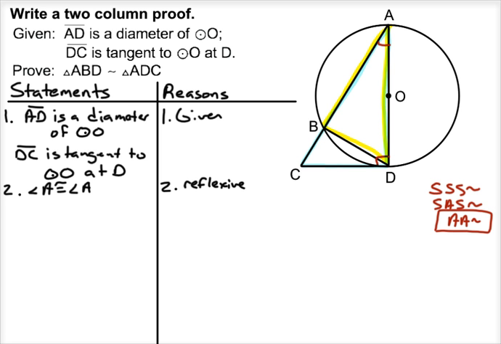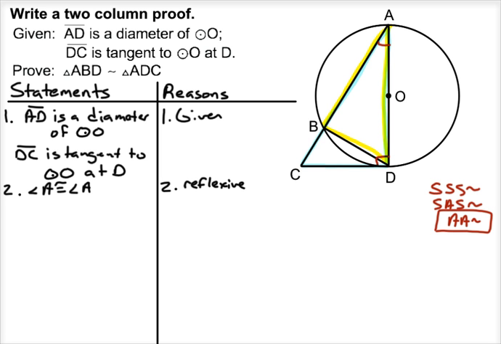Well, I said in the beginning that we know if a tangent intercepts the circle at the endpoint of a radius that we get a right angle. Well, could we get a right angle in the yellow triangle?